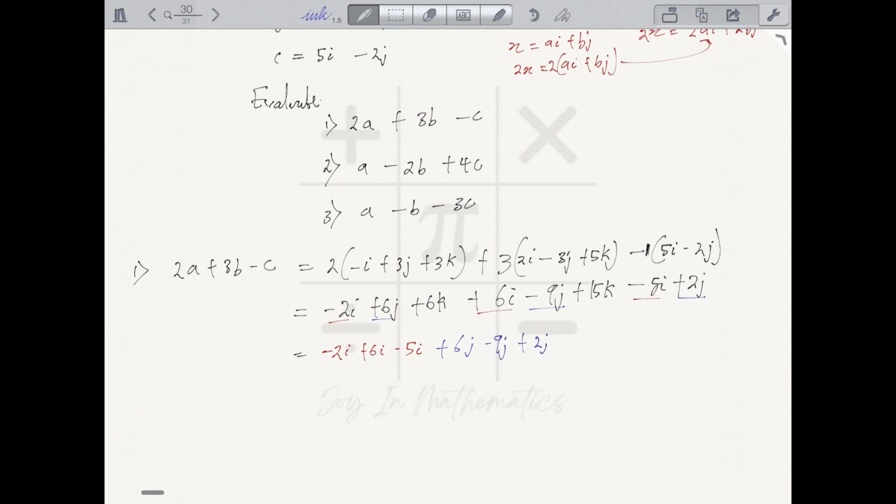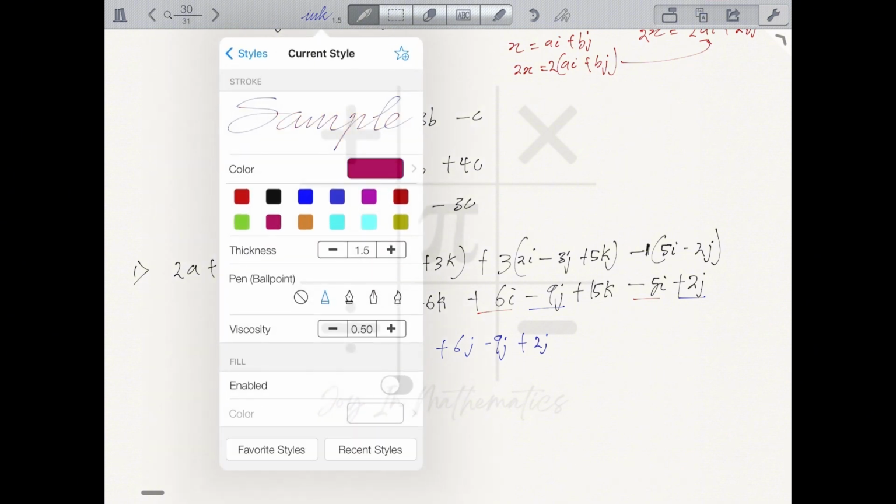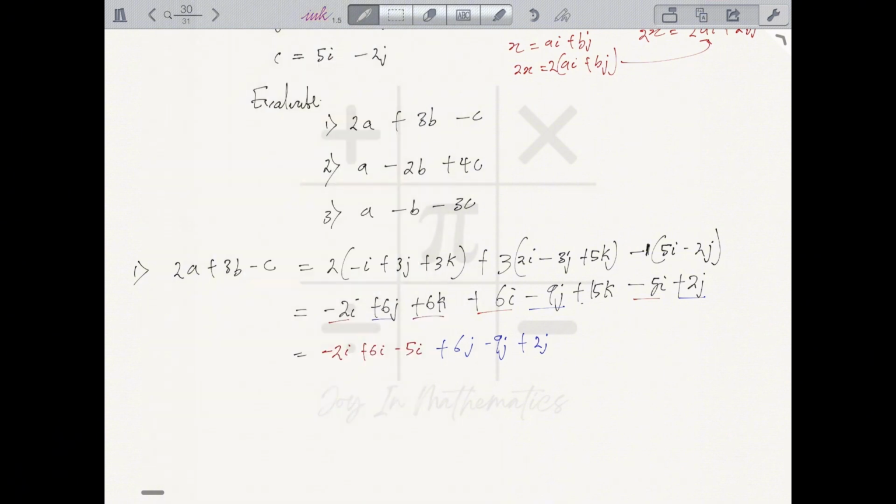And finally, the k component, we have plus 6k plus 15k. So let's resolve this together now. We have minus 2 plus 6 minus 5, that's for the i component.